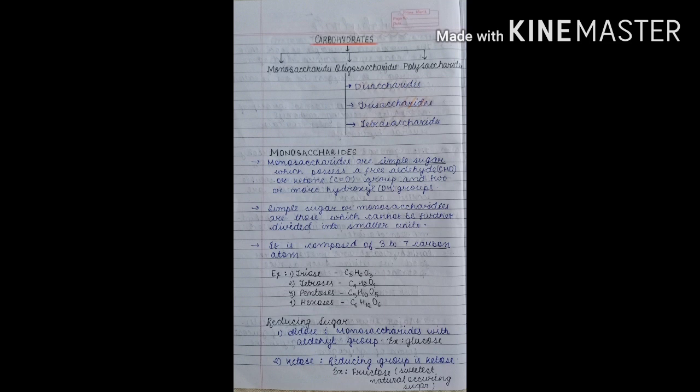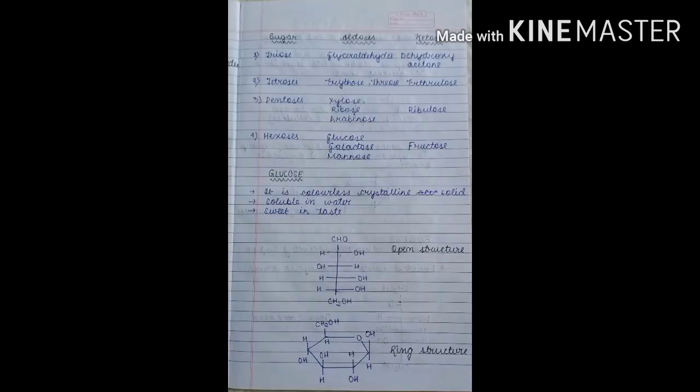Mainly we need to learn about glucose and fructose under hexose. And on the basis of functional group, it is divided into aldose and ketose. Aldose: monosaccharides with aldehyde groups. Ketose: the reducing group is a ketone.